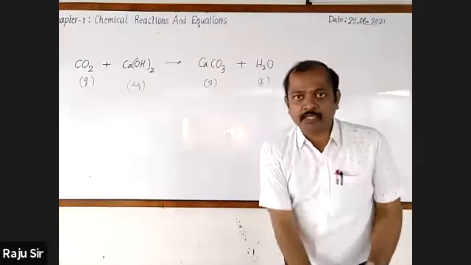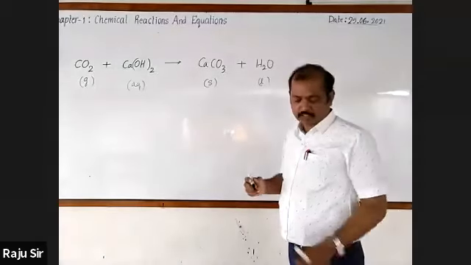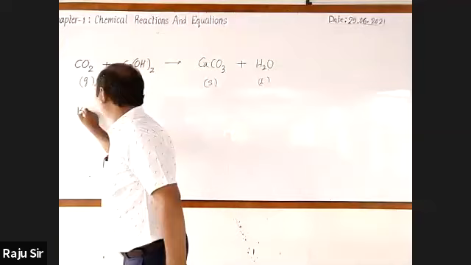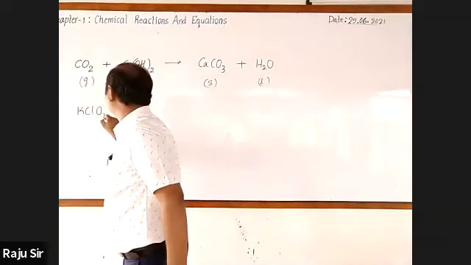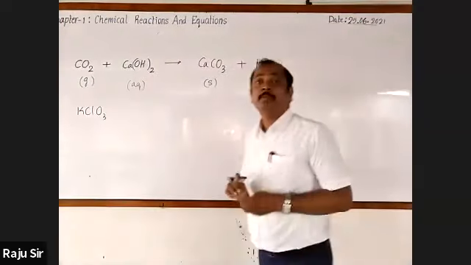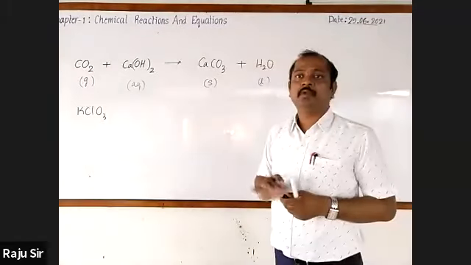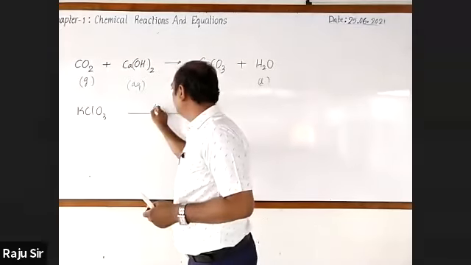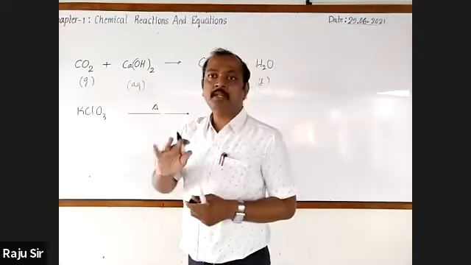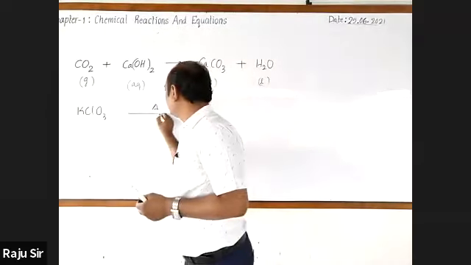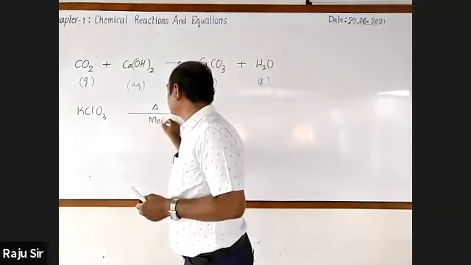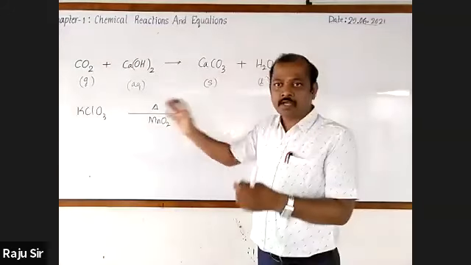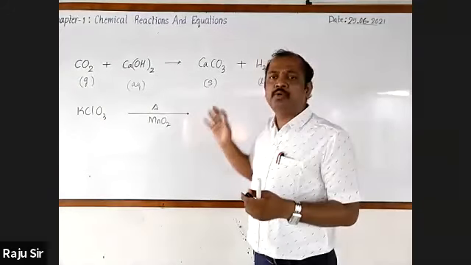Next, I'll take another chemical equation. Just observe it, it is very familiar to you. I already explained this. It is potassium chlorate. When potassium chlorate is heated in the presence of the catalyst manganese dioxide, MnO2, this compound gets split up into two other compounds.